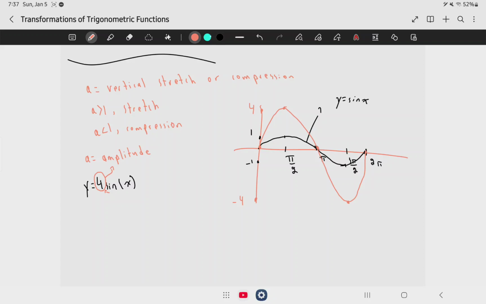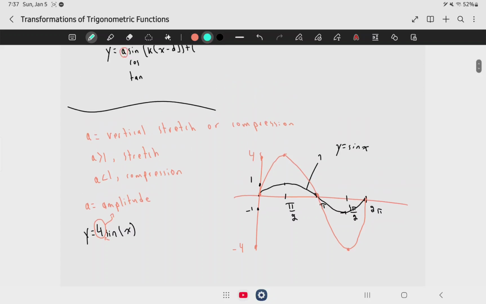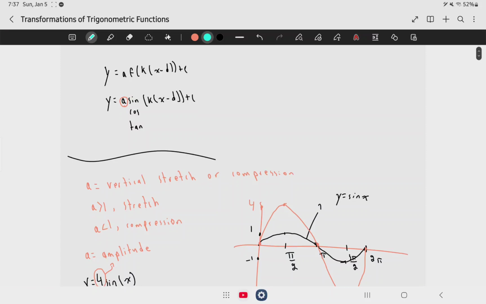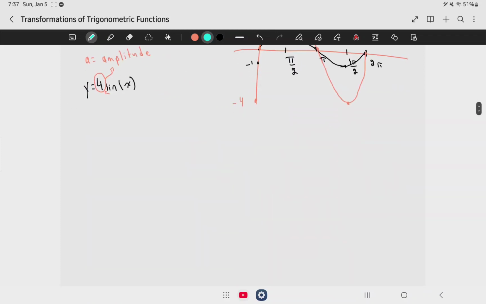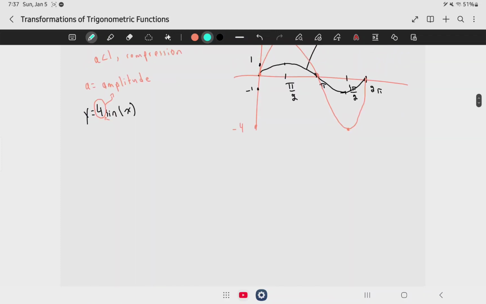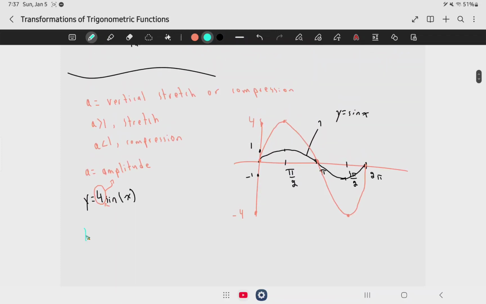All right, so for our next part of the equation, we have our k value. So the k value is going to determine your horizontal stretch or compression.